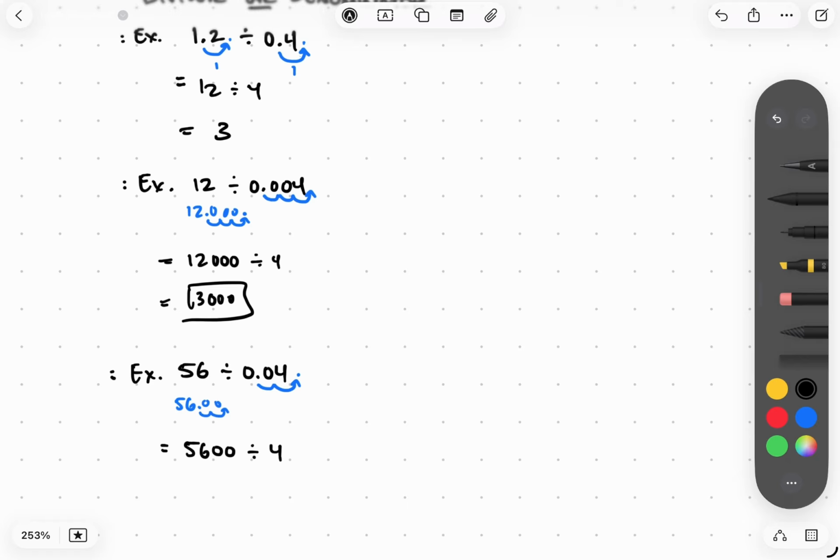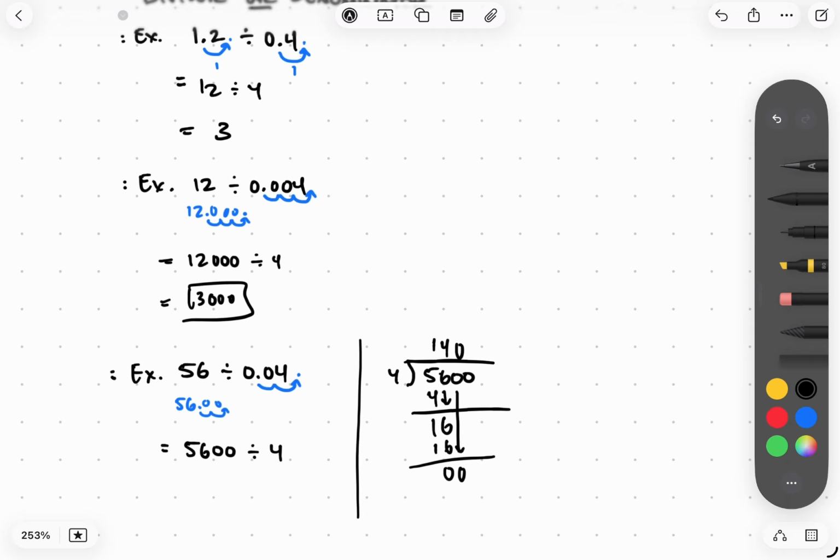Right, then if you need to, you could do long division. I would do it on the side here, in and out. So in is the 5,600 and the 4 there. 4 goes in there once. I bring that down. I like writing the arrows, by the way. If you don't quite do that, it's a good habit to get used to, because then it helps you keep track.